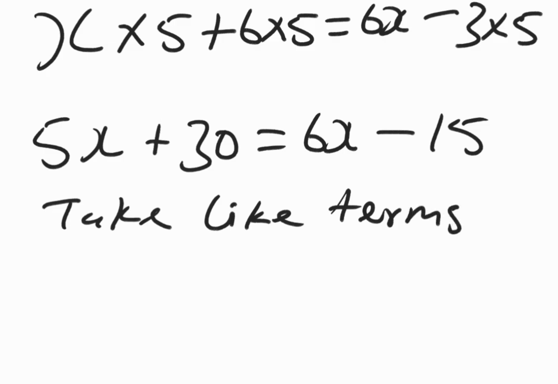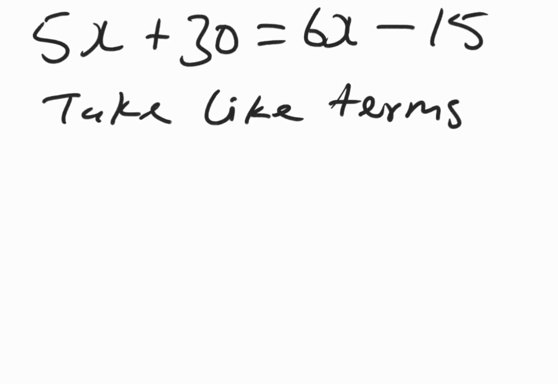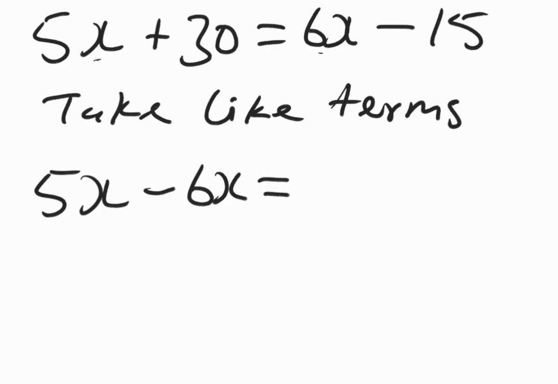We are taking like terms, right? So let's see what we are going to do right here. We have 5s, and we have 6s right here. When 6s crosses the equality sign, it's going to change to negative. So we're going to have minus 6s equals minus 15, which stays there first.